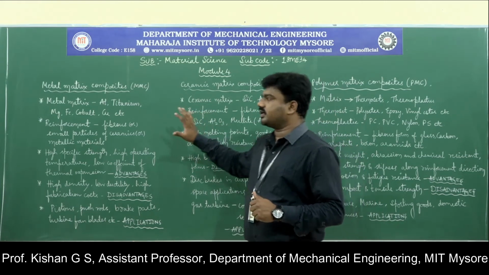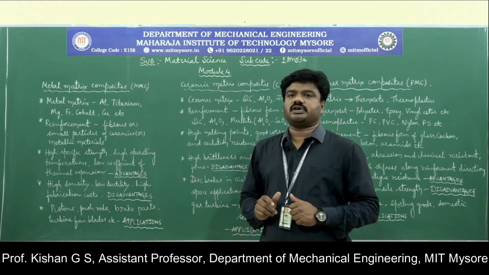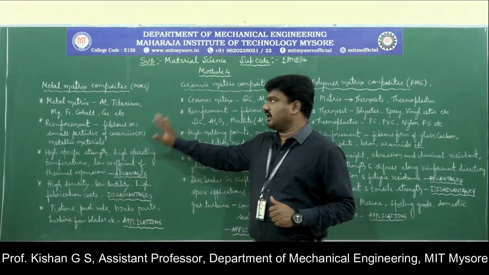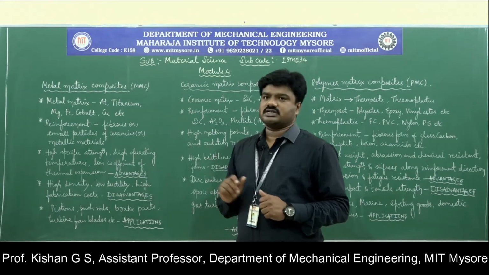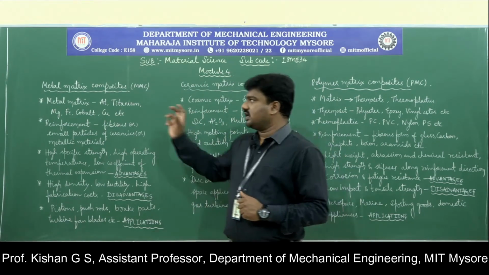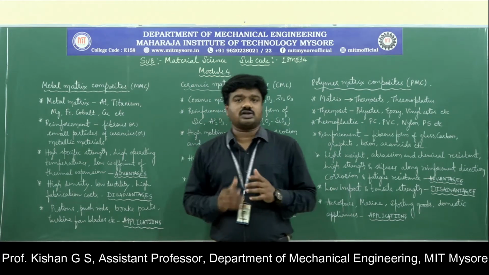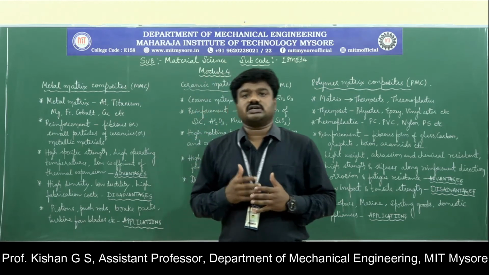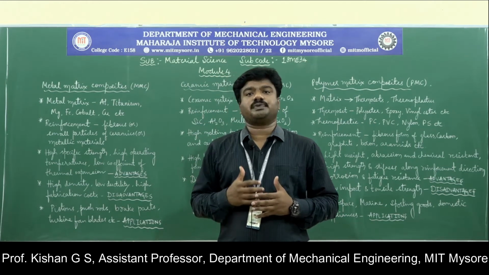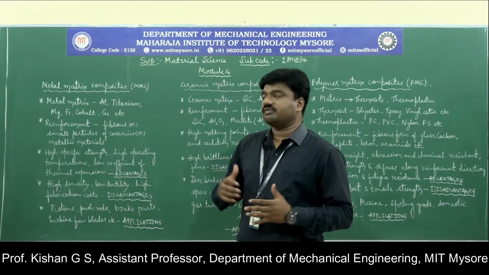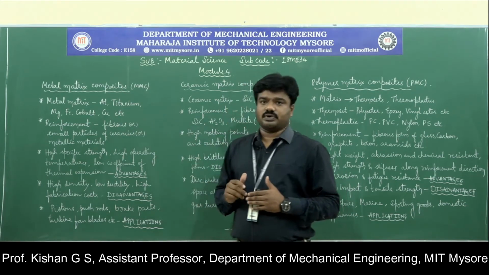First, let us concentrate on the classification of composite materials based on the matrix phase. The first one being metal matrix composites. As I have already said, the matrix phase is what is being considered here in case of the metal matrix composite. But we cannot stick to only the matrix phase. We have to also understand what is the type of reinforcement and what are the preferred reinforcement materials that could be selected when we opt for metal matrix composite.